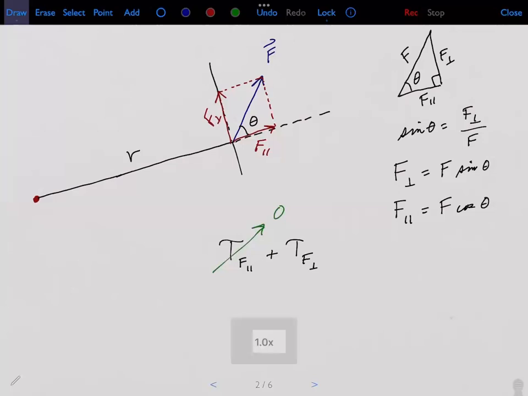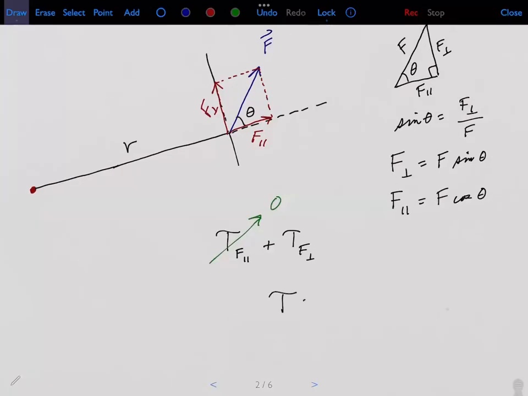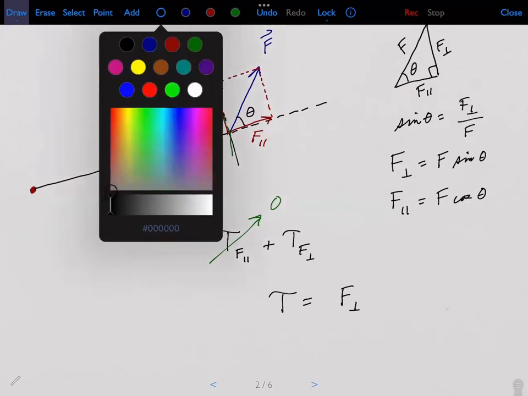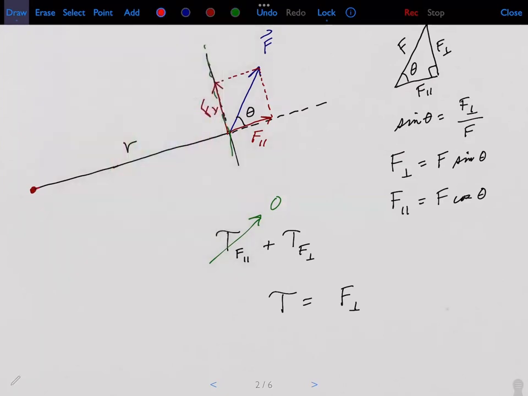So in this case, this torque is going to be equal to F perpendicular times its moment arm. But its moment arm in this case, if this is the line of action, the perpendicular distance is just this distance. It's the entire R here now, because that's perpendicular to F perpendicular.